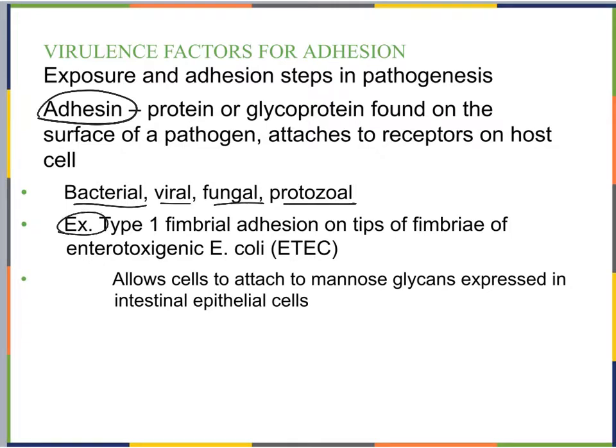An example that the text gives is this type 1 fimbrial adhesin, and this is actually on the tips of the fimbriae, that's why it's fimbrial, of the enterotoxigenic E. coli, the ETEC, and this is what is going to allow those cells to attach to the mannose glycans that are expressed in intestinal epithelial cells. So when we think of E. coli, remember it is in the intestines there.